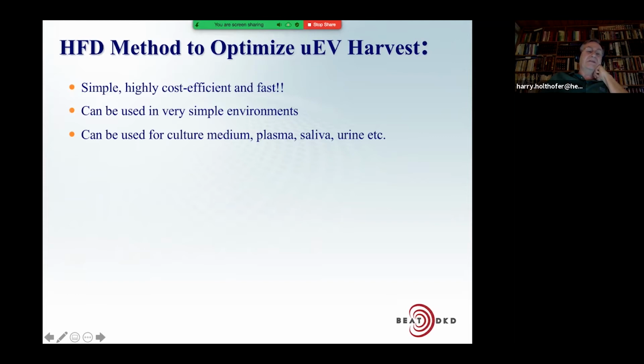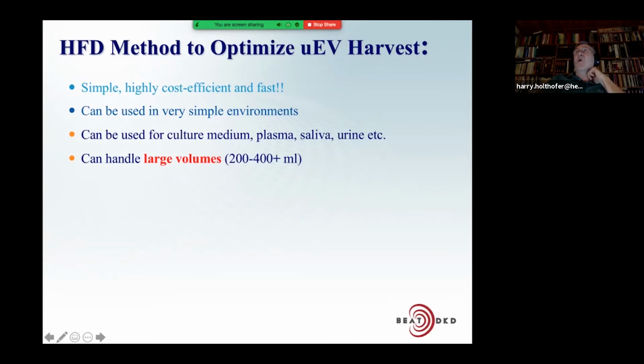So it is really versatile to use in these different settings. And of course, if you have a low volume, you can dilute it and then run it through the membrane. But this is important: it can handle large volumes between 200 and 400 milliliters or more.